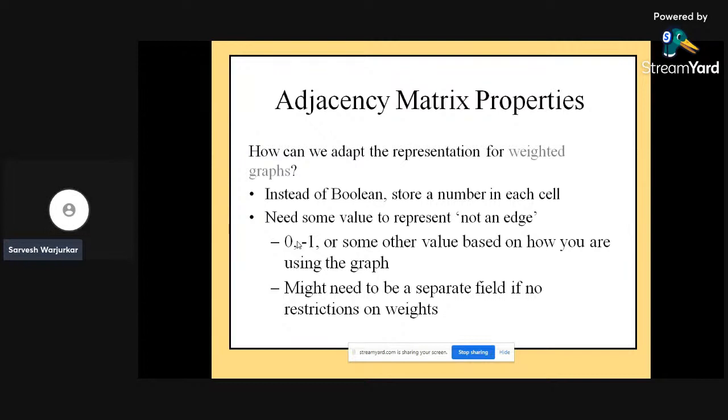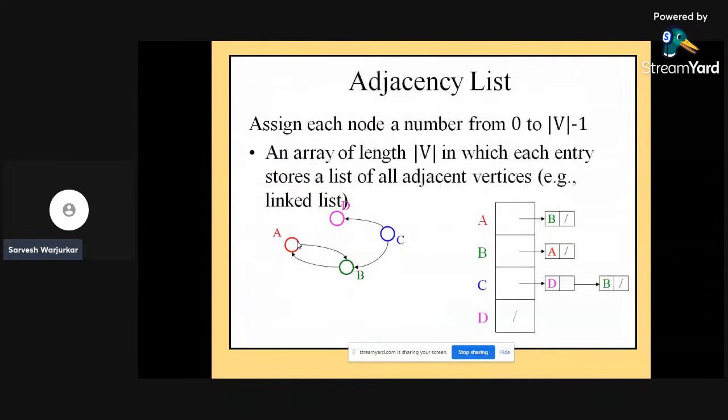It might need a separate field, if there are no restrictions on weights, and it can give you the adjacency list like this: assign the nodes numbers from 0 to v minus 1, and an array of length v in which every entry stores a list of adjacent vertices.